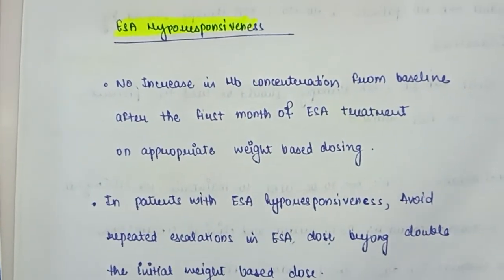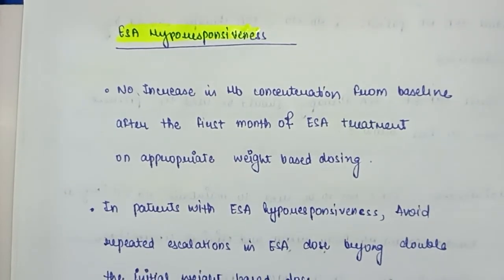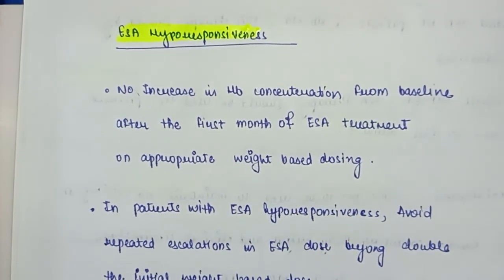So when do we call it ESA hyporesponsiveness? If the hemoglobin concentration is not increasing despite starting an adequate dose of ESA treatment, that is, if there is no increase in hemoglobin concentration from baseline after the first month of ESA treatment on appropriate weight based dosing.